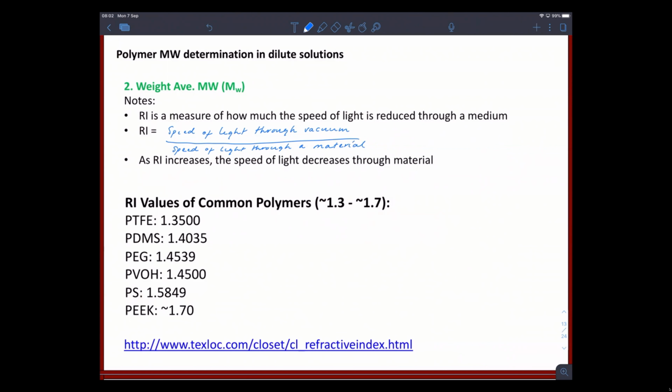So as the refractive index increases, the speed of light decreases through the material. There are some RI values there for the common polymers, which range from 1.3 to 1.7. Interestingly, if anyone has a 3D printer, PEEK is actually one of the up and coming 3D printing filaments that you can buy.